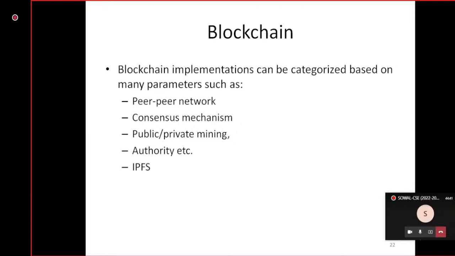There is another kind of network, called the hybrid network, where some nodes are authenticated and some are public. The authenticated nodes have some power, like mining the block, and the public nodes just have access so that they can verify certain things.